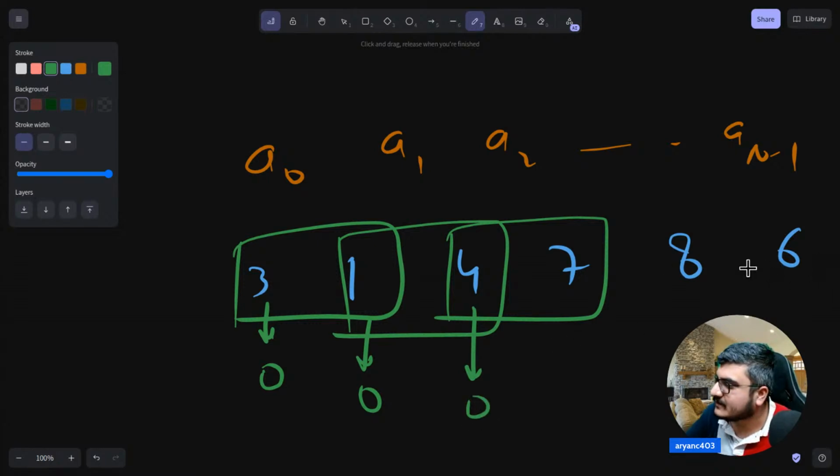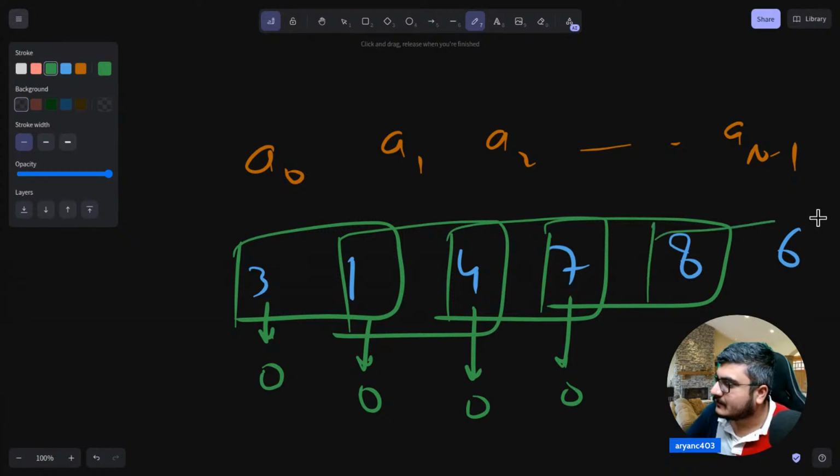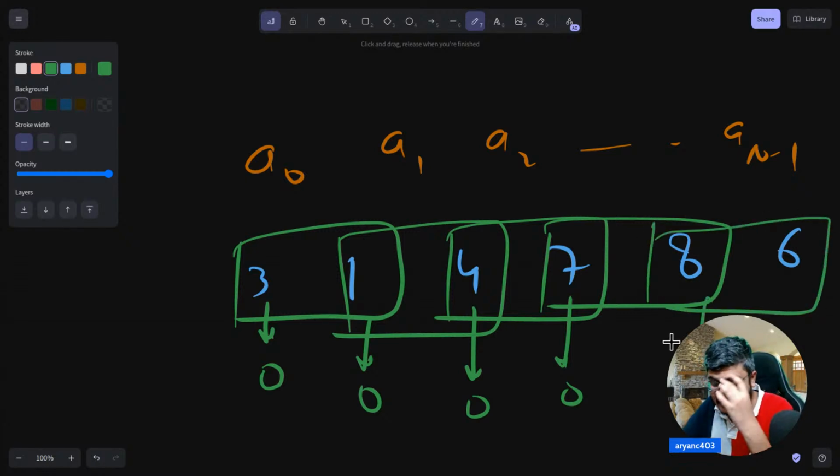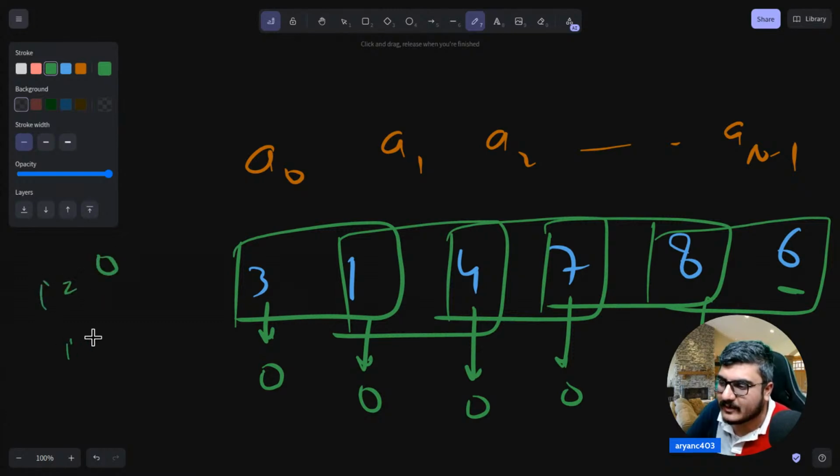You can keep doing it, and at last this will also be 0, and this can also be 0. If you keep applying the operation in increasing order like this, you can have some positive number or 0 anything here. If you end up making an array like this by doing the operation at i equal to 0, i equal to 1, up to i equal to n minus 2, after that you can just check that all the numbers except the last number should be 0.